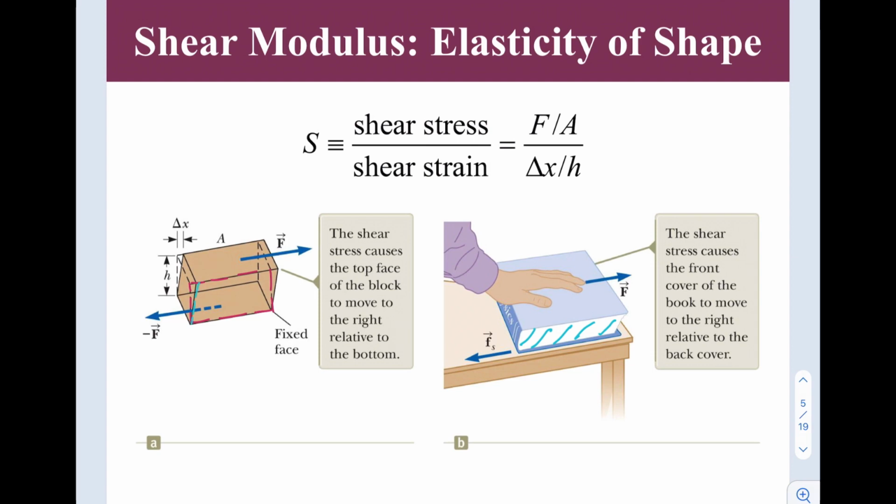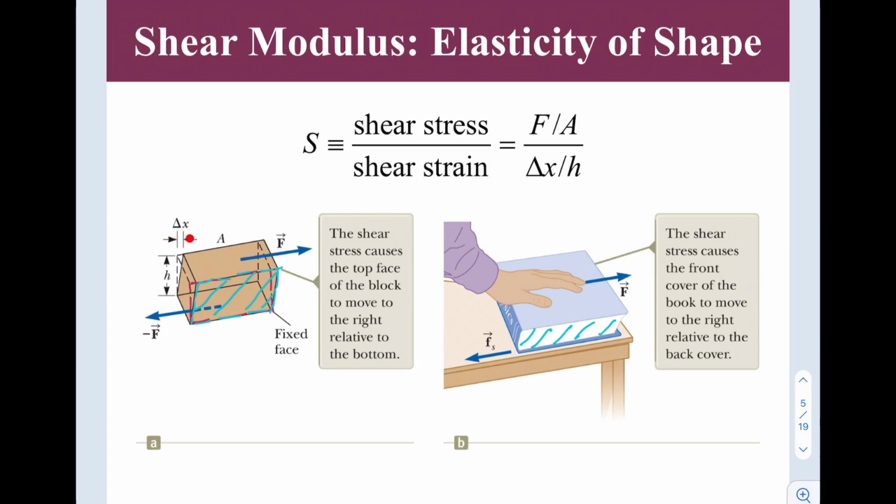Then after we apply force to the top surface of the book, and friction is at the bottom of the book, the cross section of the book is going to change into a trapezium, slightly. So now we have a change in shape overall.